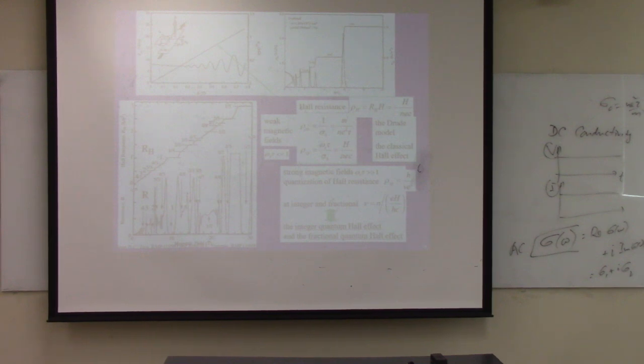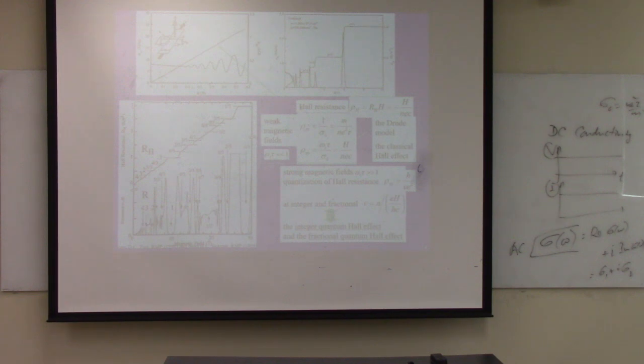What is that? Your net force, F net, is basically given by the rate of change of your momentum, right? So this is given by e times E, force is given by e times E, and that is your force.